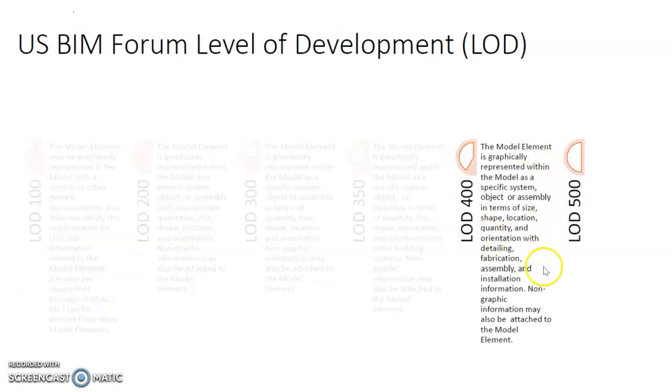The next level will be LOD 400, where again your model element is graphically represented within the model. And now there is enough information about the individual elements that make up your model to allow for fabrication, or detailing, fabrication, assembly, and installation information.